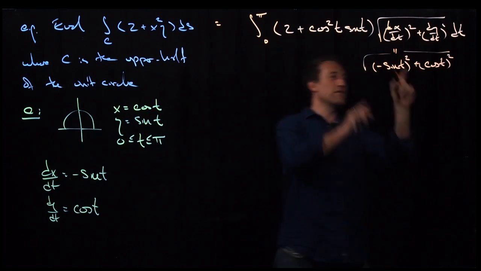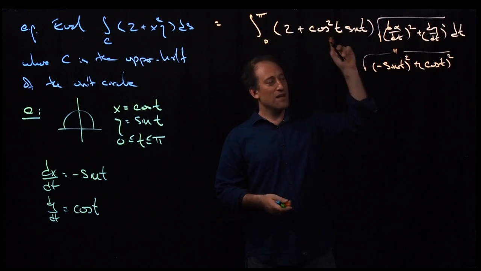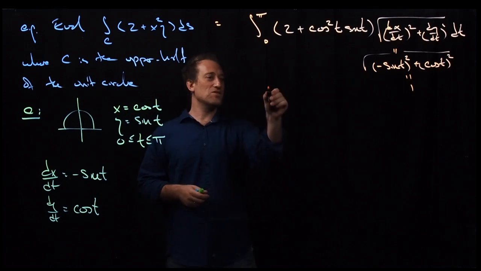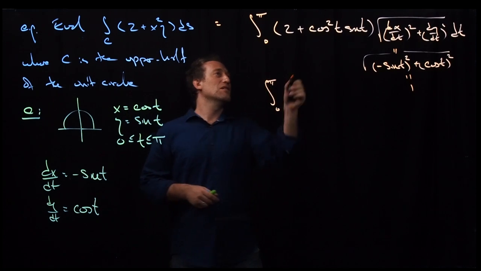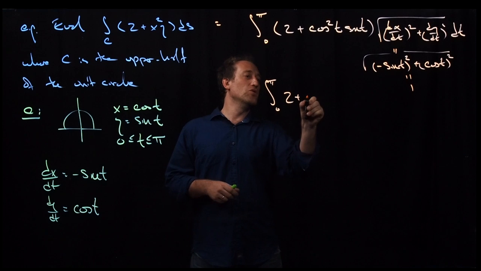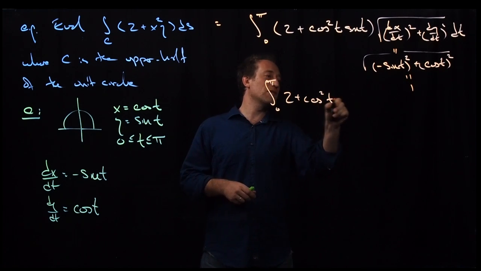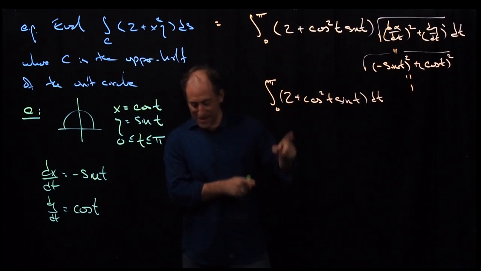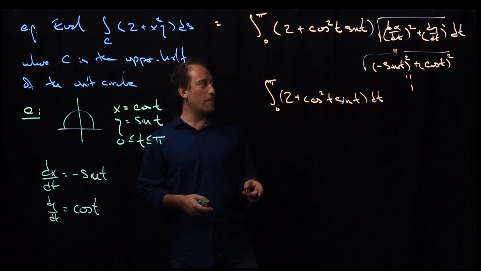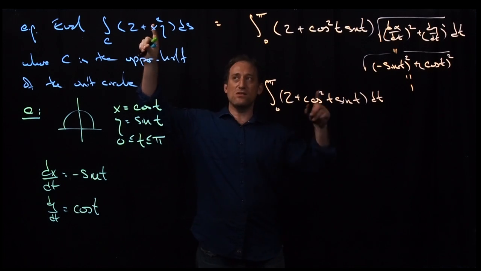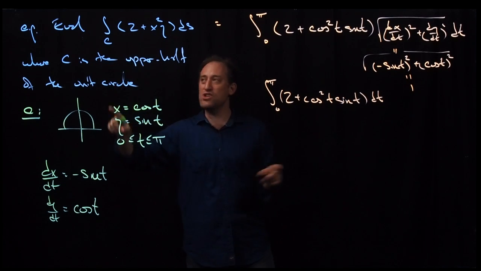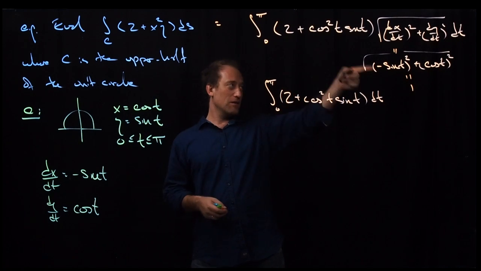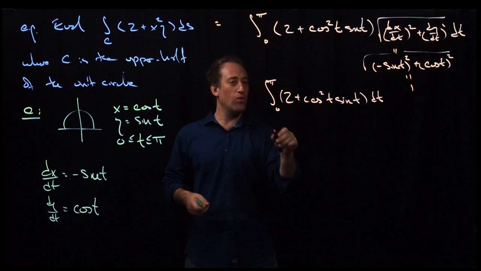I suppose that's square rooted, but I'm taking the square root of sine squared plus cos squared, which is the square root of 1, which is again just 1. So this entire thing, 0 to pi, 2 plus cos squared t sine t dt. This is now officially a straight up Calc 1 integral. I've taken this new thing that has a sort of vague geometric interpretation and turned it into something familiar using the formula and a bit of Calc 1.